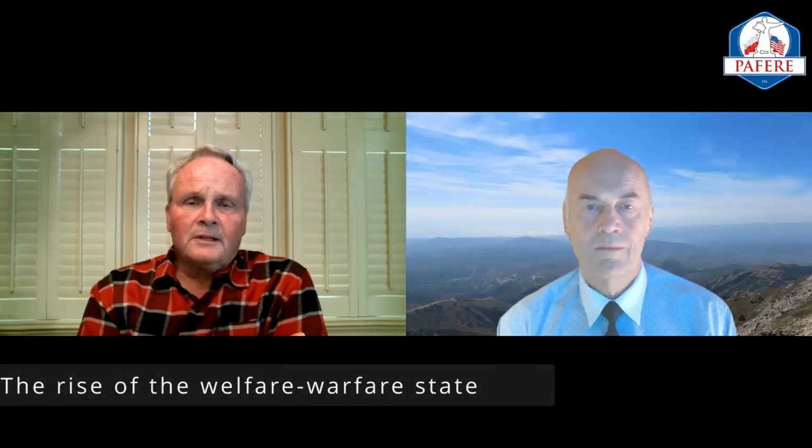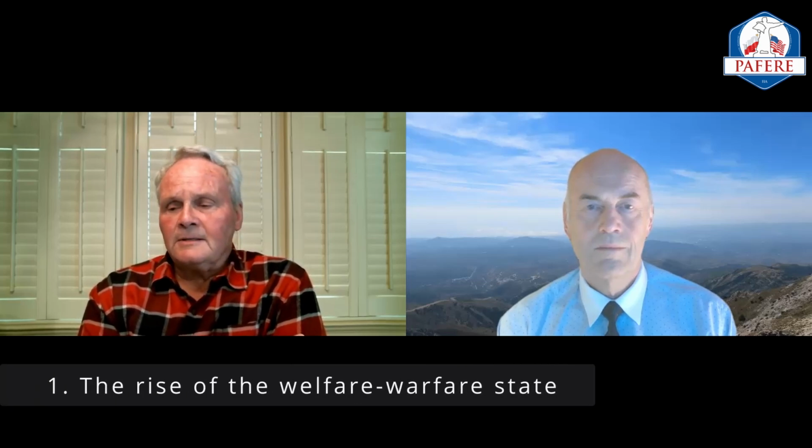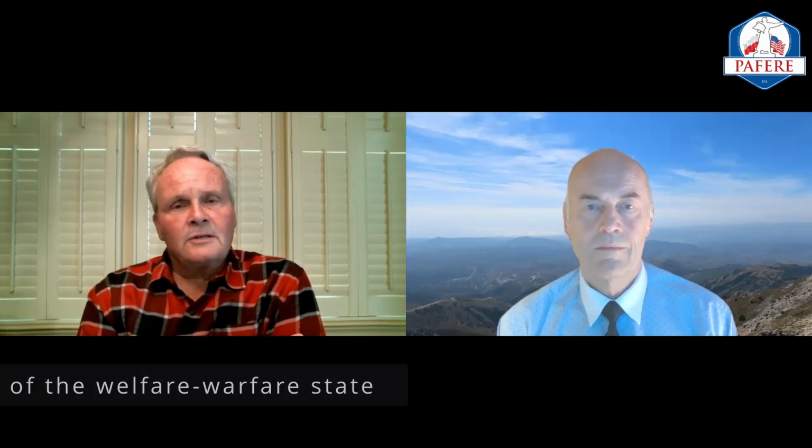One of the reasons for the decline of the Roman Republic is the rise of the welfare warfare state, where instead of thinking of the central government as the defender of rights and defender of the nation in a national defense way, Romans begin to discover, hey, it can do a lot more things for us. Instead of just keeping the peace, we can get things from it. We can vote ourselves a living instead of just voting for one.